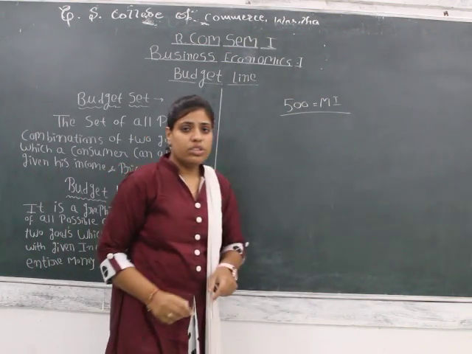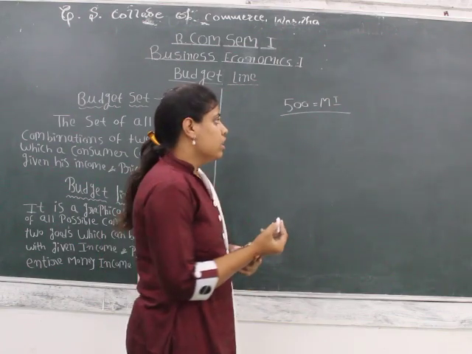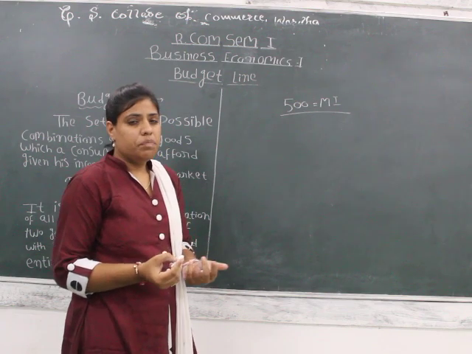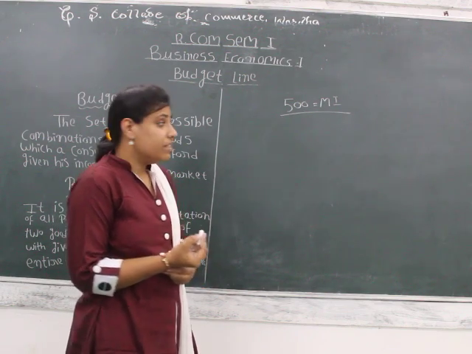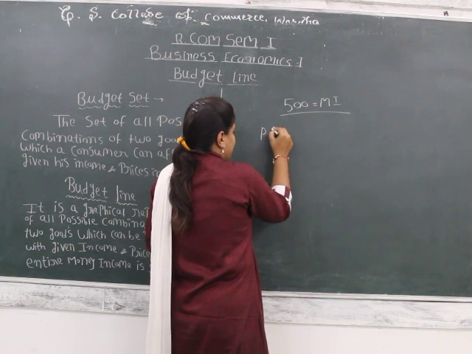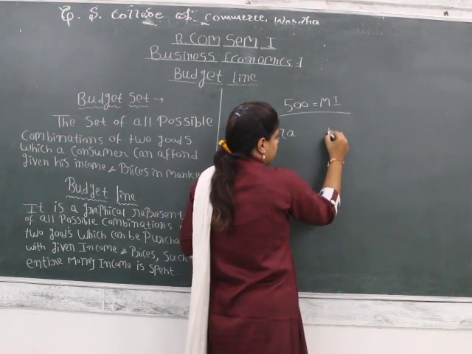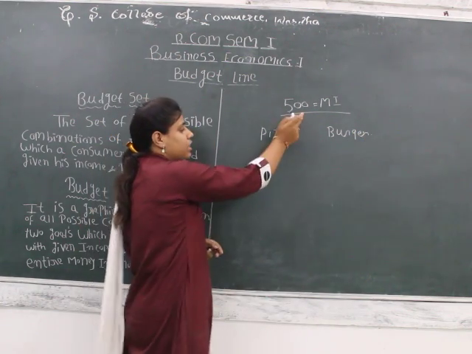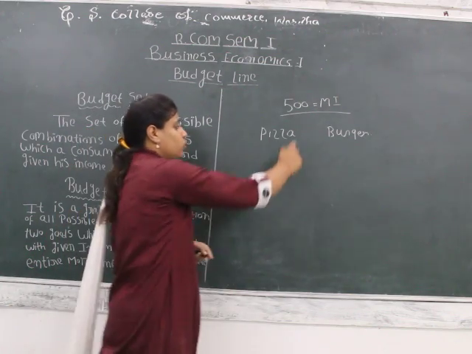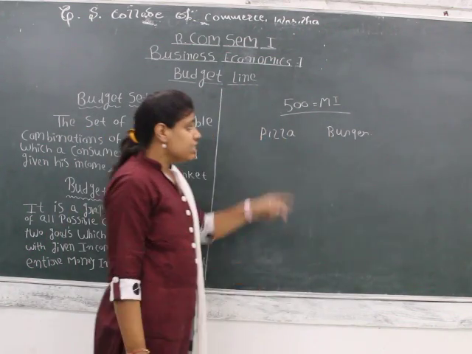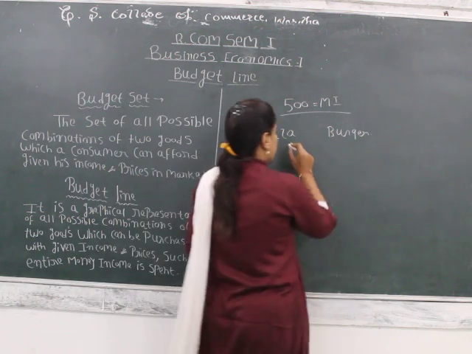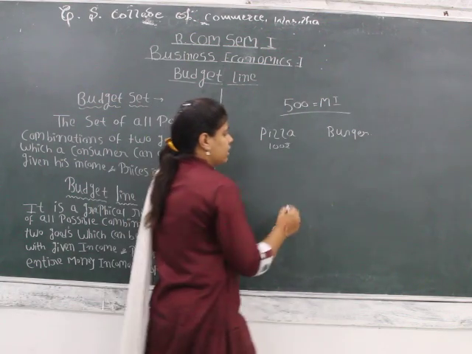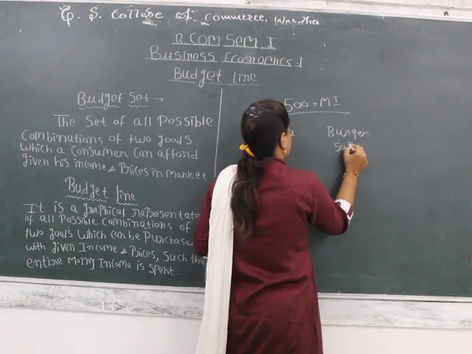You want to take them to some restaurant and celebrate with pizza and burger. Now assume the cost of pizza is 100 rupees and the cost of burger is 50 rupees.